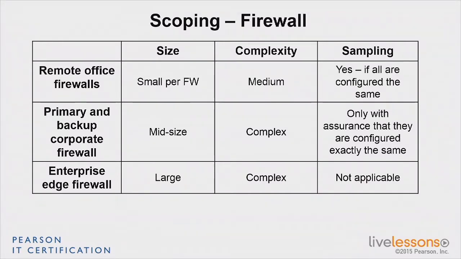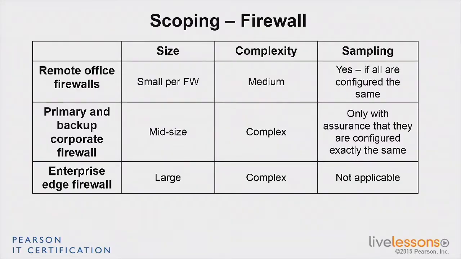It may be a fairly substantial configuration, could be pretty complex, and probably sampling is not going to be applicable at all. So just thinking about, again, size, complexity, sampling, and then when you look at these, what are the resources that are needed? What is the expertise needed, whether we're doing an examination or testing for these various environments?